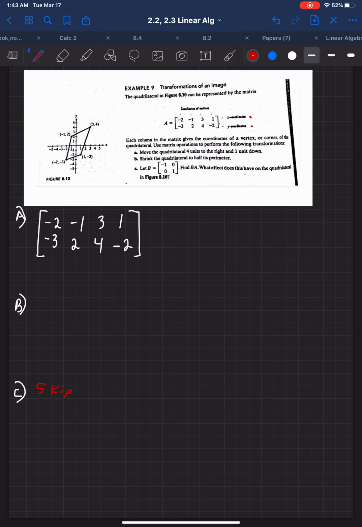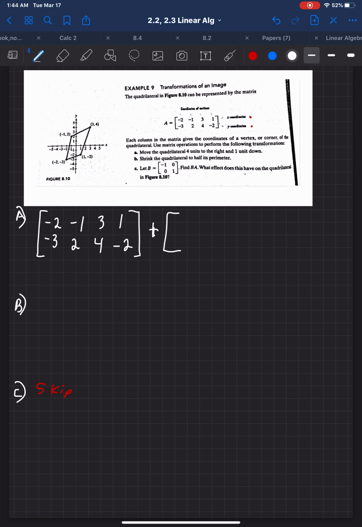Well, let's figure out what we would have to do. Well, the beautiful thing is, if you want to move your quadrilateral, it's just a matter of adding a matrix to it, right? And it's fairly simple. Let's make sure we understand.